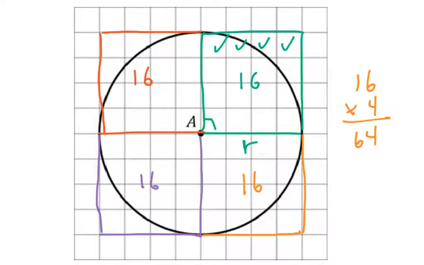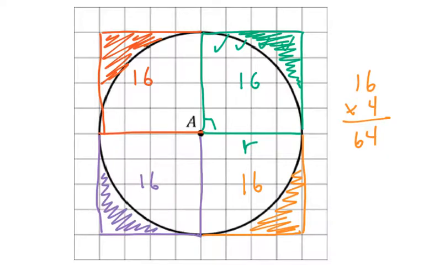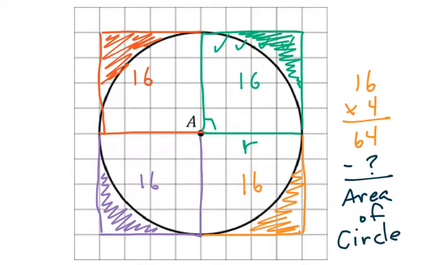And that's wonderful, again, except for the fact that not all of those 64 squares are actually contained within the circle. So our question is how much do we actually take away from those 64 squares so I can find the area of the circle itself? Well, we can clearly see that it took 4 radius squares to actually cover the circle. That's where we got our 64 square units from.